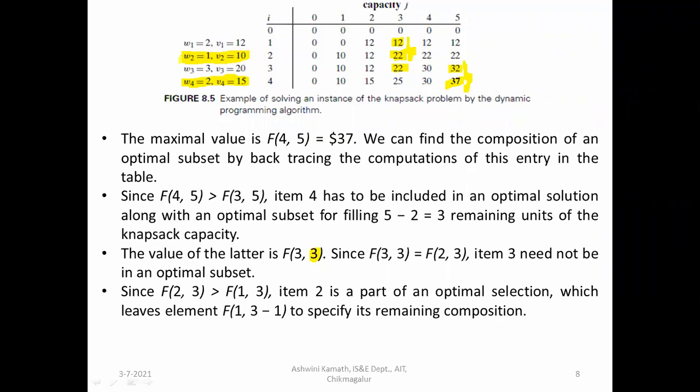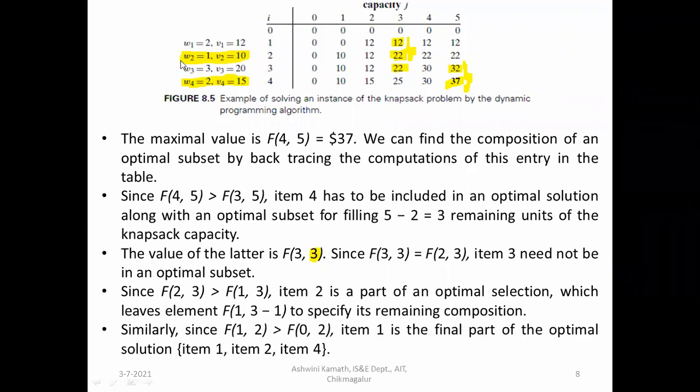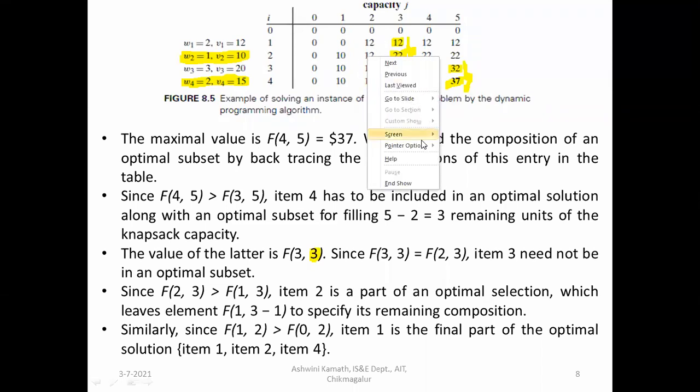So compare 1 comma 2 with 0 comma 2. We have added the fourth item and the second item into the knapsack, so 5 minus 3 is equal to 2.